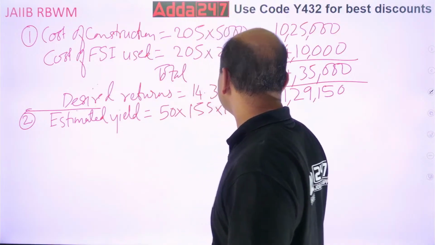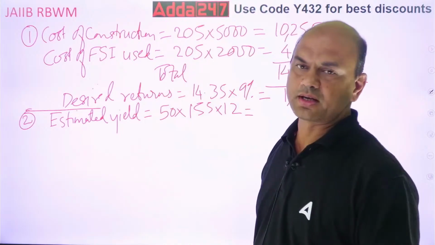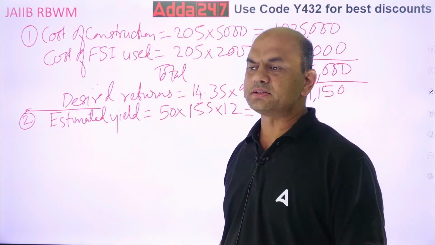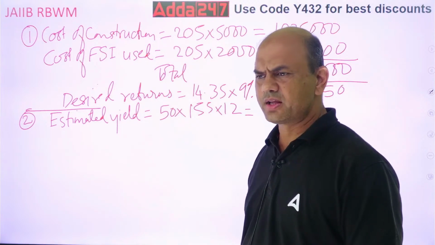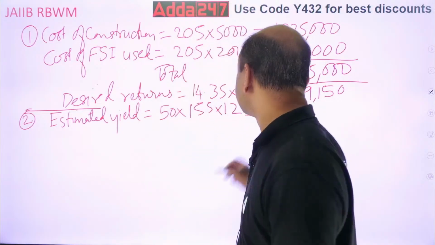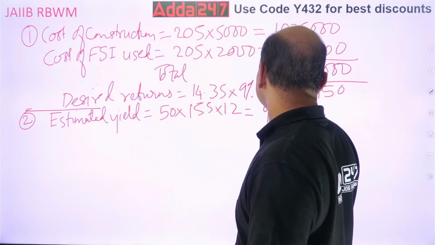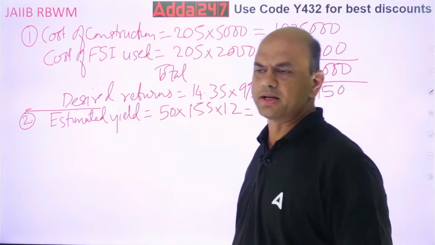Okay, so that is my estimated yield. What is it? Get the answer, everyone. It is 93,150. In the comments I am seeing, what are you giving in the comments? Yeah, 93,000. Students are giving me 93,000. Okay, 93,000. Correct, it is 93,000.